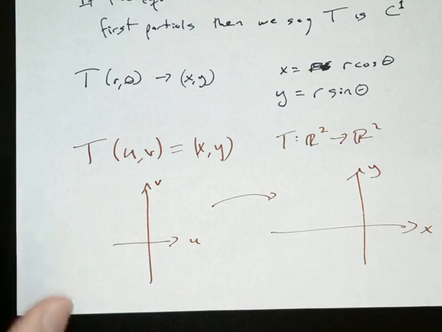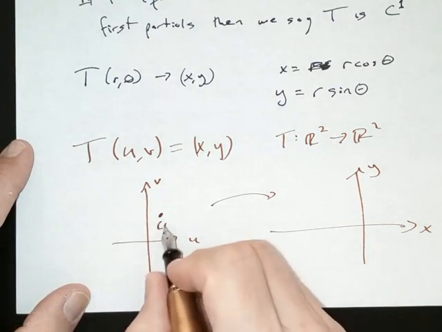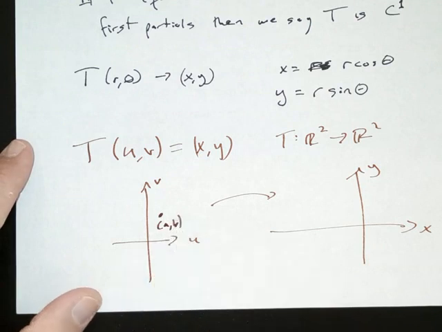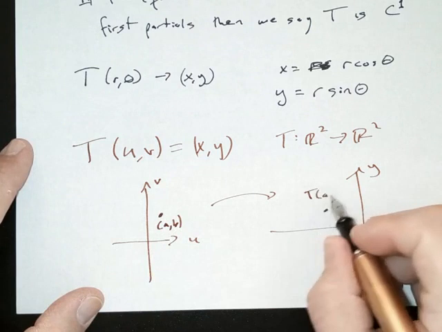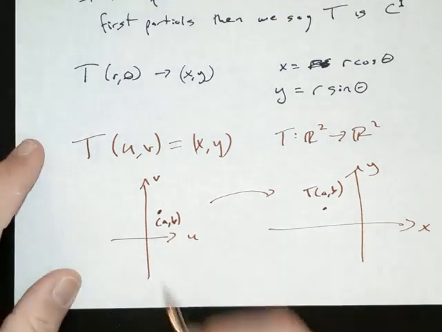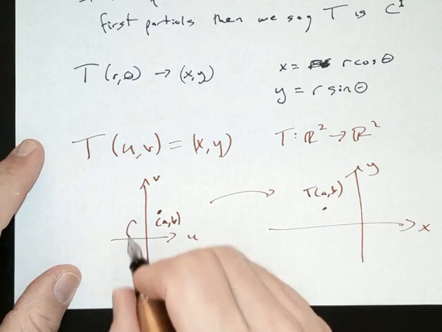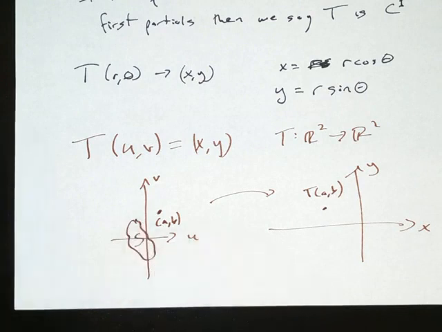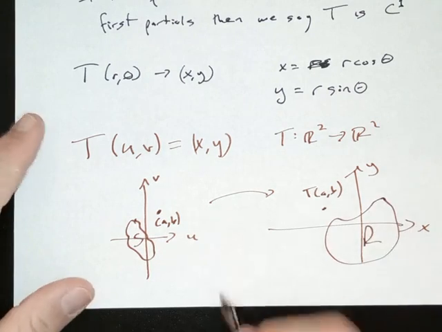So a particular point over here has an image over here, and a set over here would have some image over here.